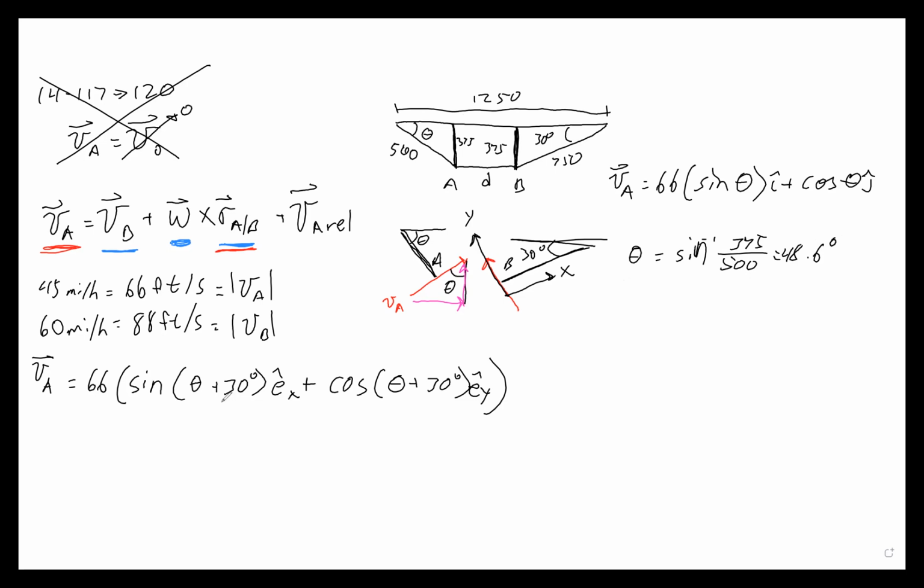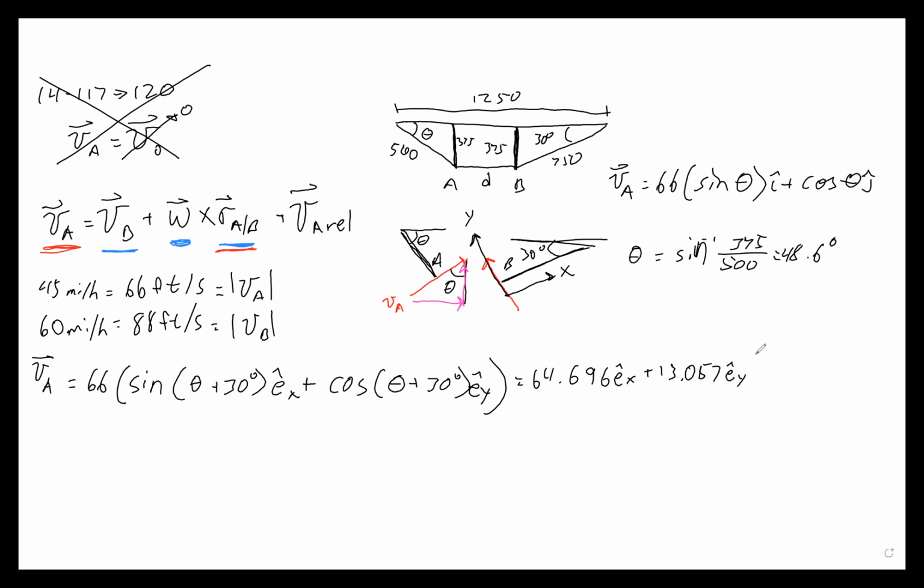Okay, so that means we can actually calculate these values down here. The calculation ends up being 64.696 e hat x plus 13.057 e hat y. All right, that is the vector value for the velocity of A in the orientation of the rotating axis position. Whew, okay, all right.